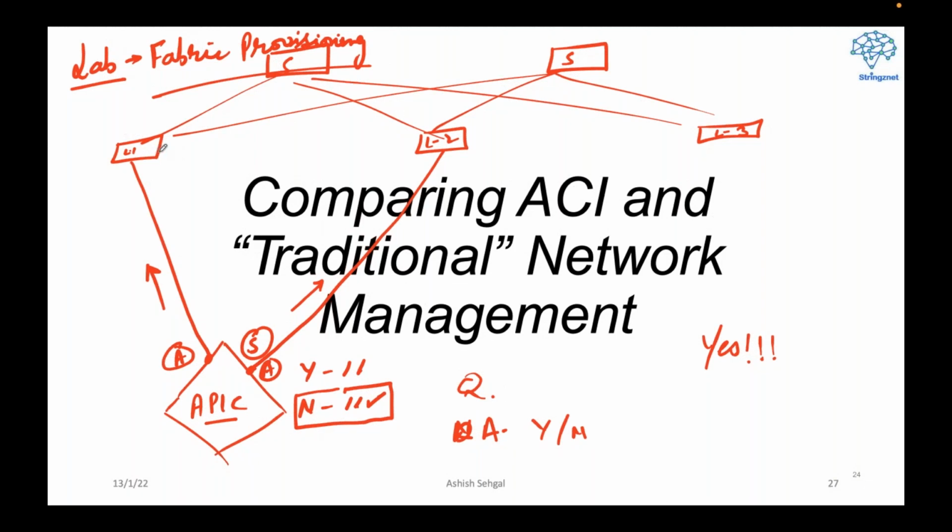Well, let me tell you. If you want to create a VPC, to be honest, if you want to bring these two leaf switches as one single logical entity, you don't need this connectivity. You don't need it, but VPC says that you do require this connectivity, which is known as the peer link.